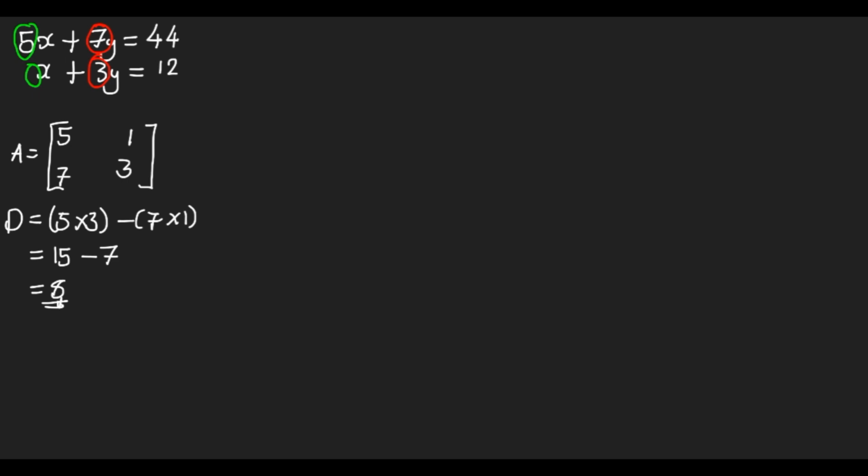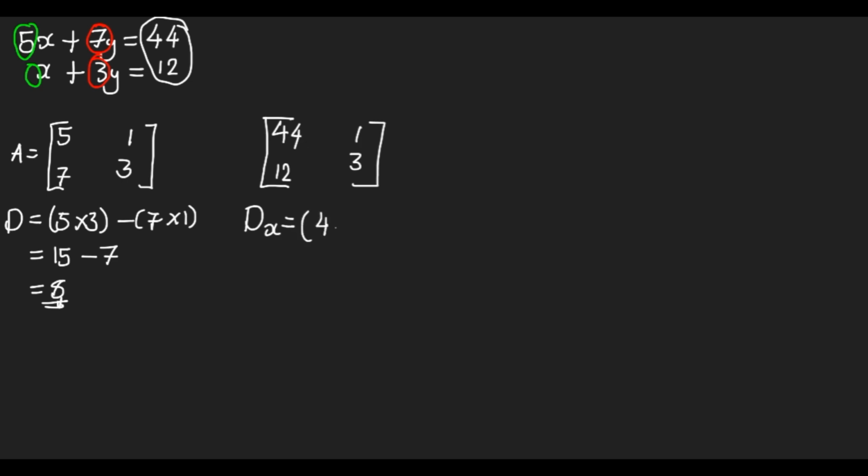Okay, now let's find the determinant of the x value. So we said we are going to replace the first column with these values in order to find the determinant of x. So 44 will be here. Then the other column will remain like that, so 1 and 3. So let's find the determinant of x.